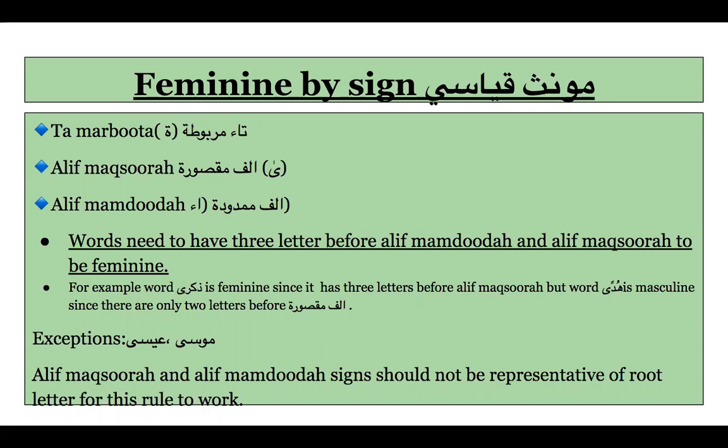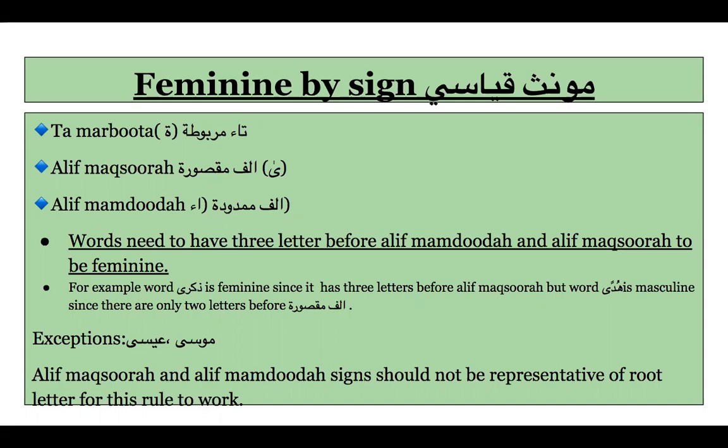There are words that have more than 3 root letters, that may have 4, 5, 6 root letters. But the majority of the Quran, you will see, 95% of your words are 3 root lettered words.